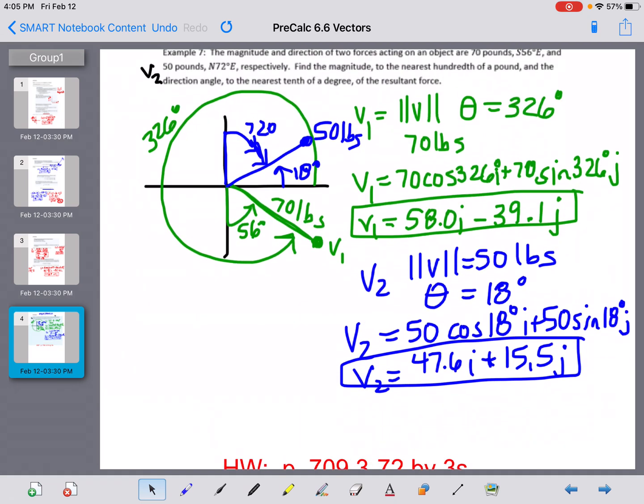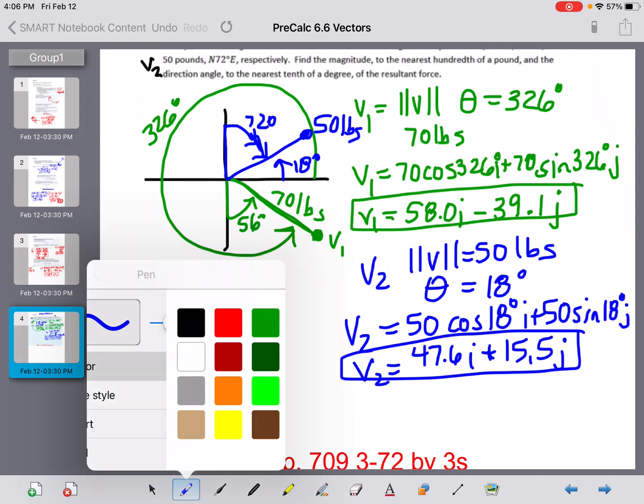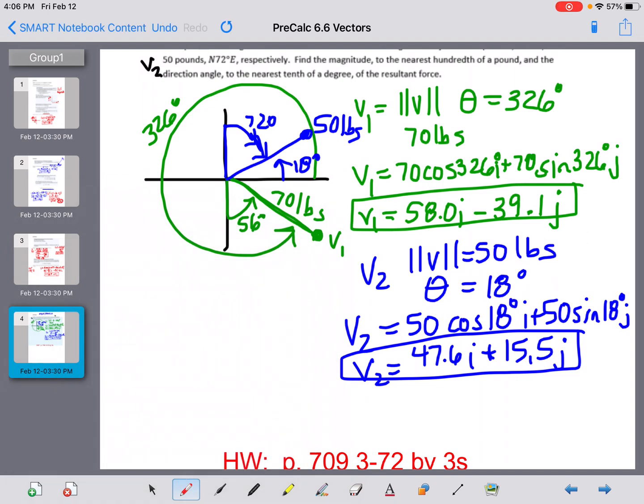Now, so I found my two vectors. Now I want to find, it says the magnitude and the direction of the resultant force, okay? So that's what I need to do next, is find the resultant force. So the resulting force is when they work together. So when V1 plus V2 work together, what do we get? So I'm going to add these two vectors. So when we add, remember, we take our horizontal components of 58.0 plus 47.6, right?